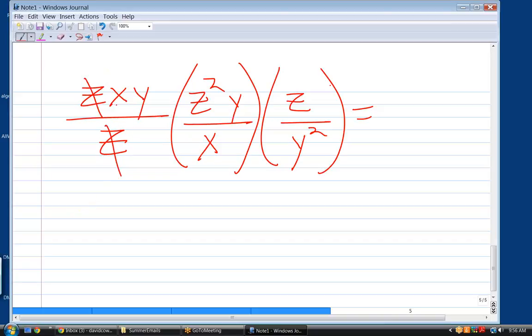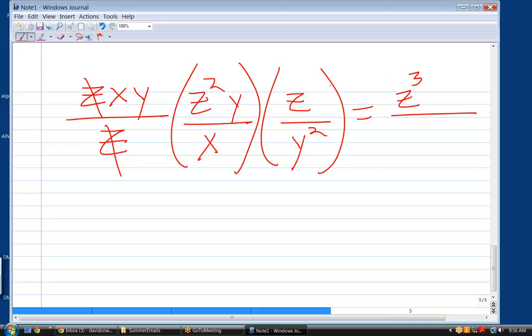In other words, if I multiplied straight across, I end up with z to the fourth over z. Well, I can eliminate the z in the bottom immediately, real easy. So now, how much do I have in z's, and where does it go, in the numerator or the denominator? The numerator is z cubed.